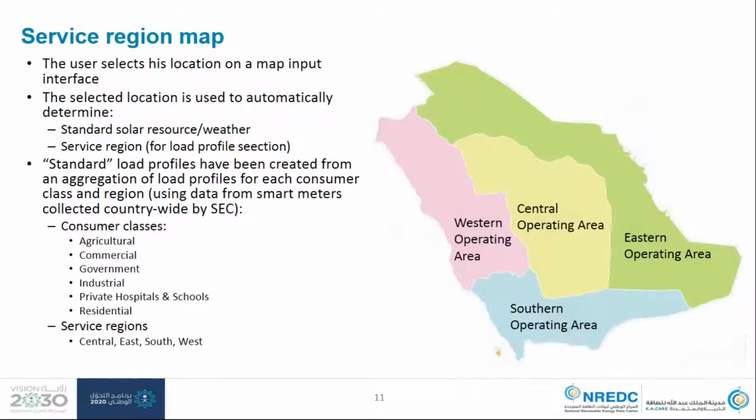So we were provided a map of the service regions and that set of 2,500 meters that I mentioned in order to develop the consumption load profiles for the system.